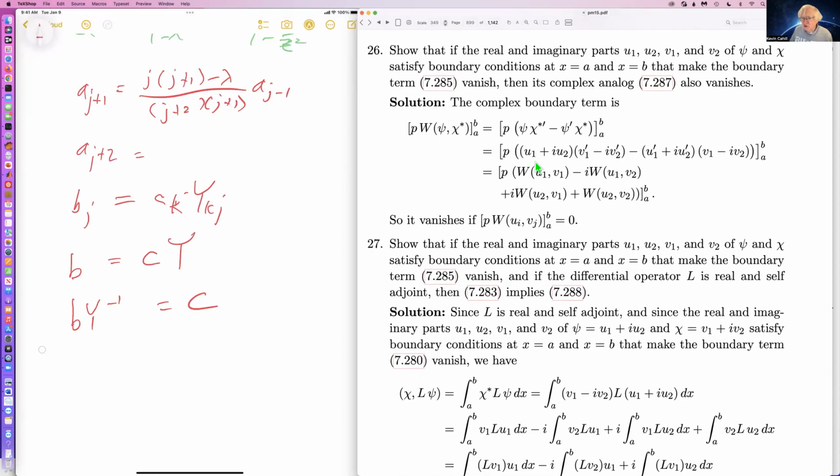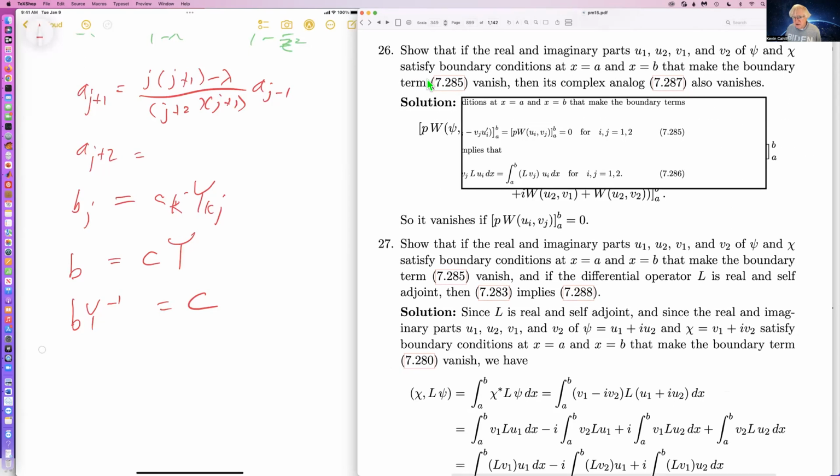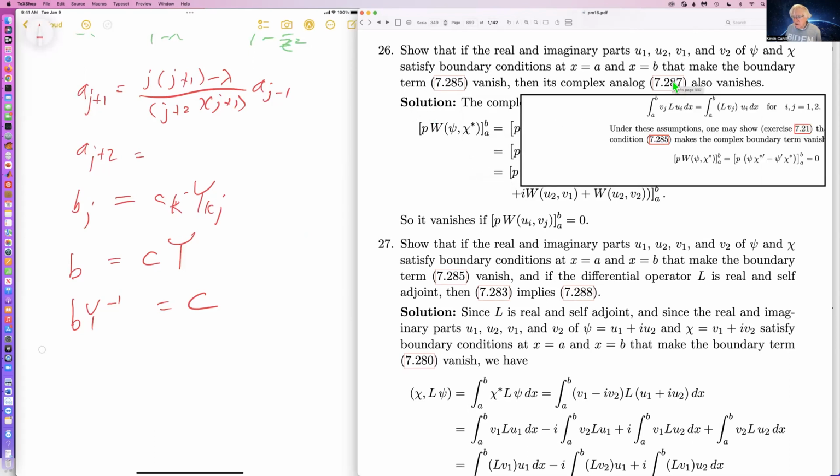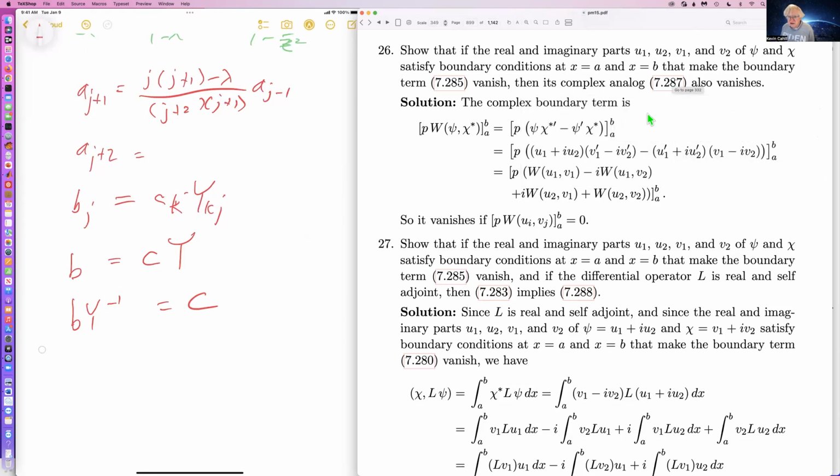This is now showing that if the real and imaginary parts of psi and chi satisfy boundary conditions at A and B that make the boundary term vanish, then the complex analog also vanishes, which is the complex Wronskian there.